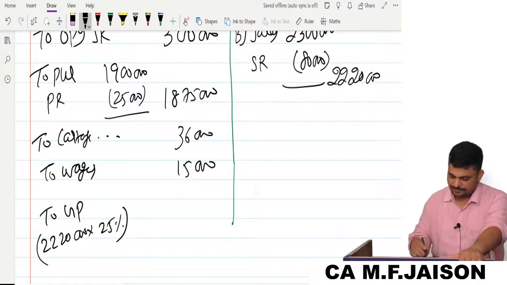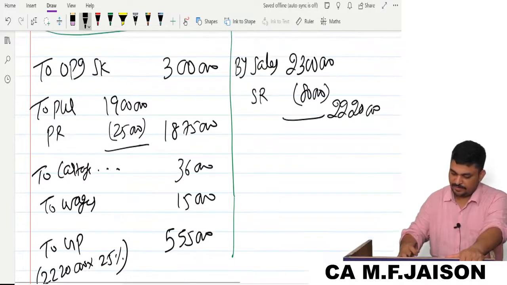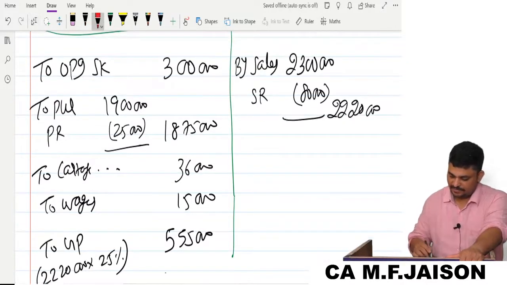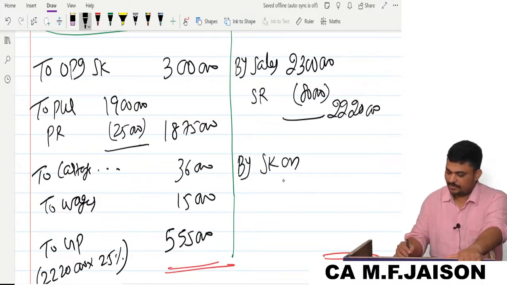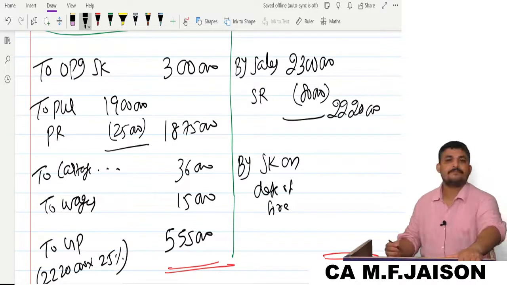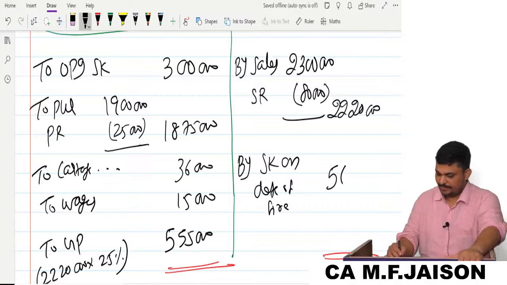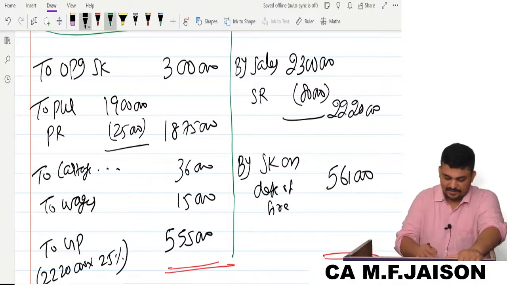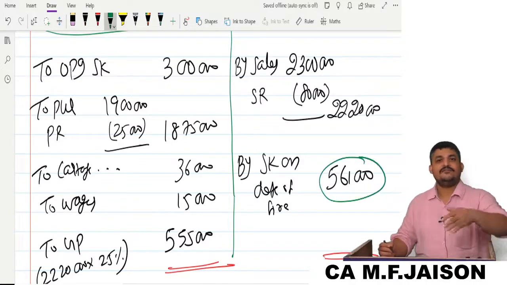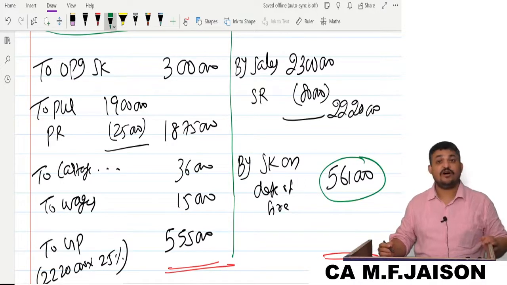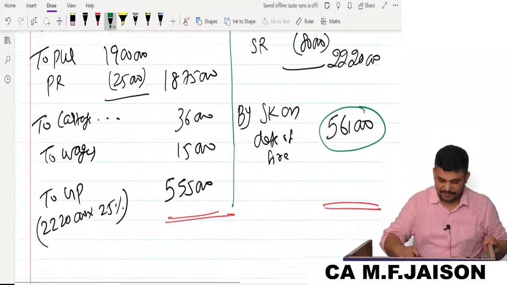So it is 5 lakh 55,000. We will arrive at stock on date of fire: 5 lakh 61,000. 5 lakh 61,000 is the stock on date of fire, my dear friends.